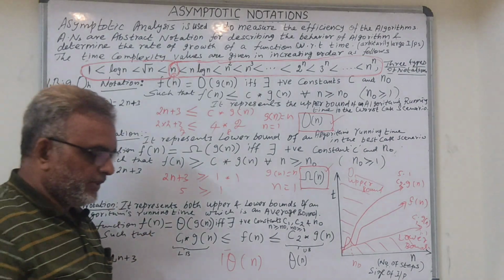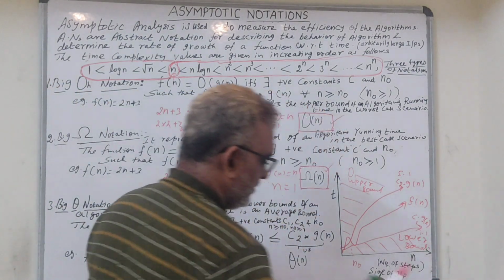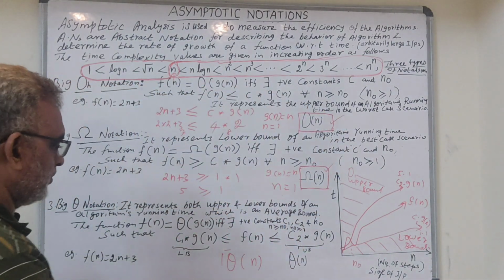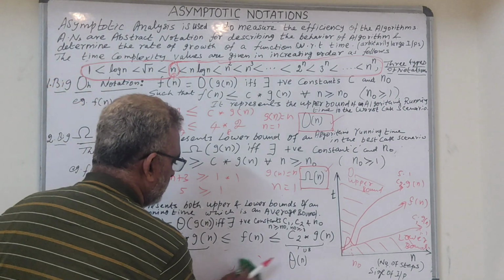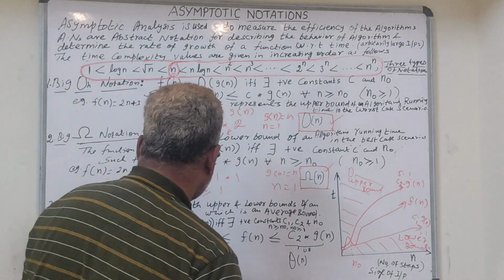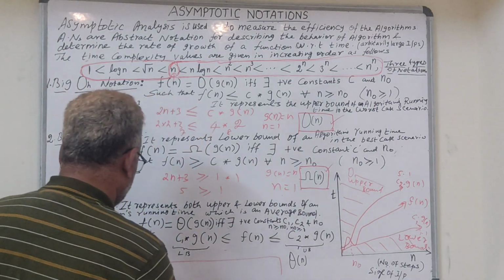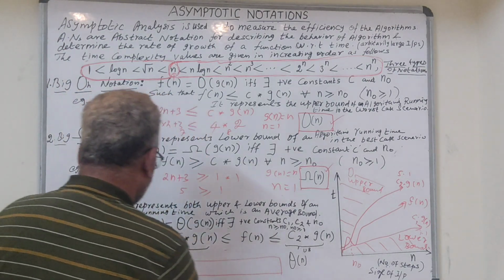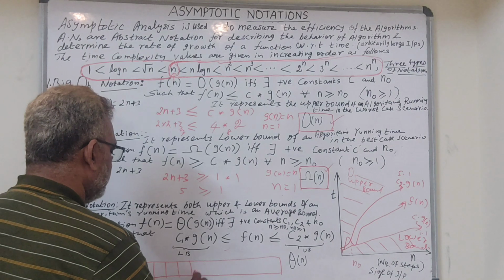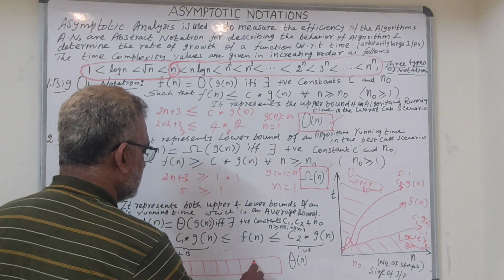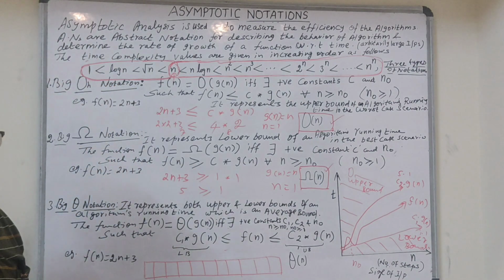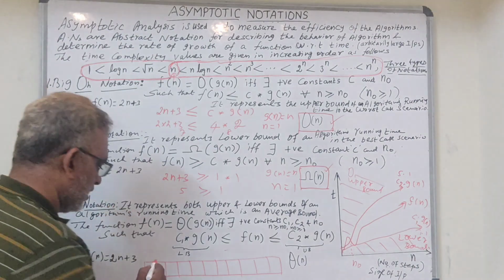This can be explained with the help of a simple problem. Let us consider the problem of linear search. We have a set of numbers in an array, and we would like to test whether a particular value is available in the array or not.